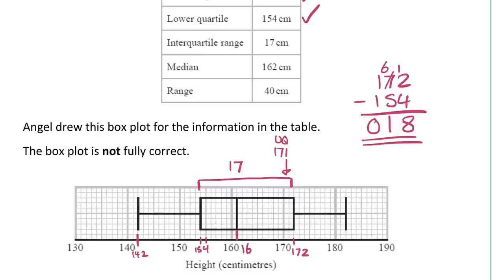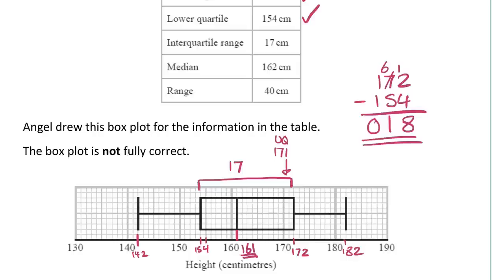Wow, that one there is on 161. There we go. We could have a look at the range as well. Let's have a look. The range goes from 142 up to 182. That's actually fine. So the issue here was that the median was plotted on 161 and the interquartile range, or the upper quartile, should have been on 171.